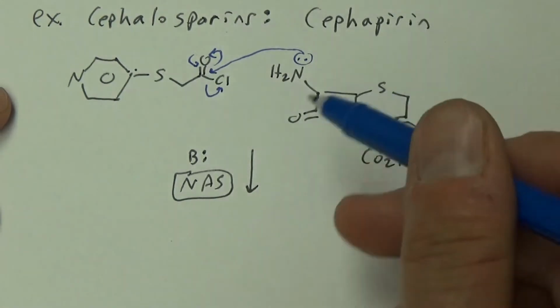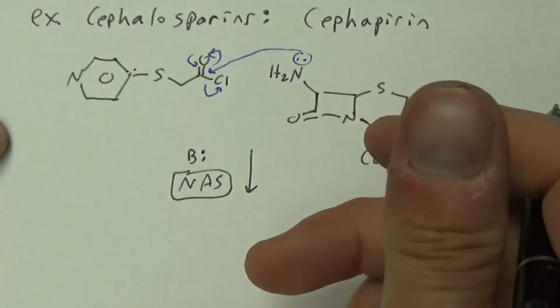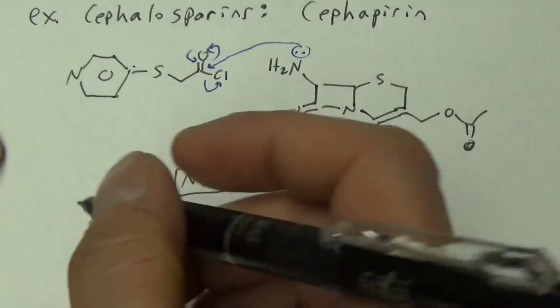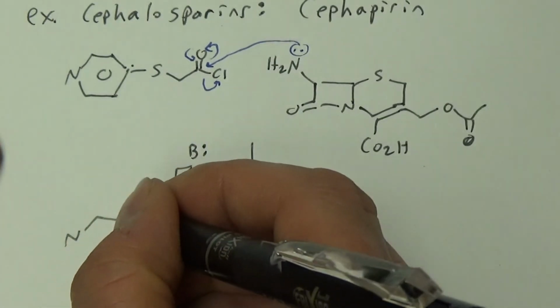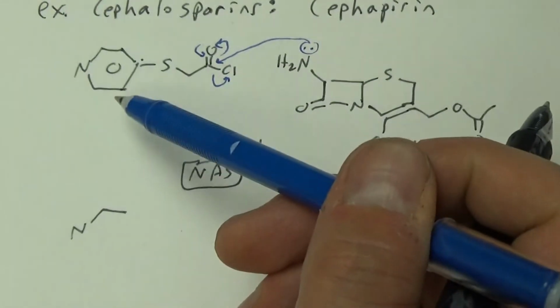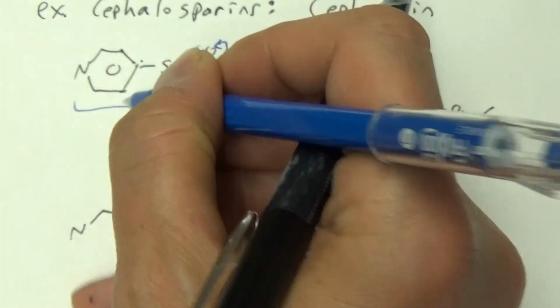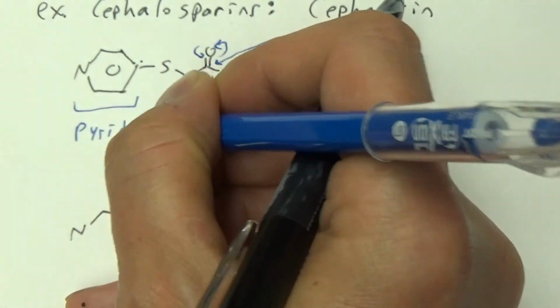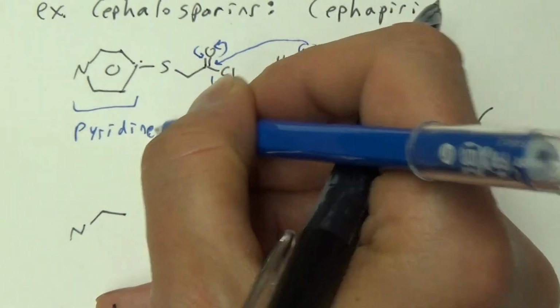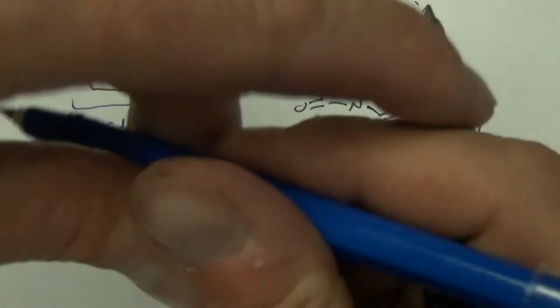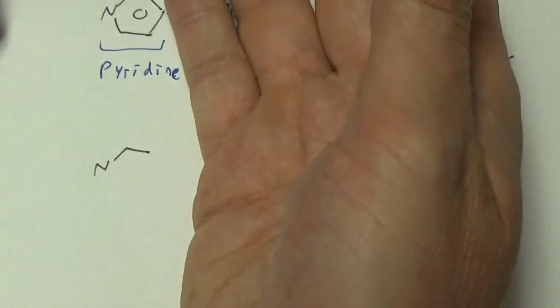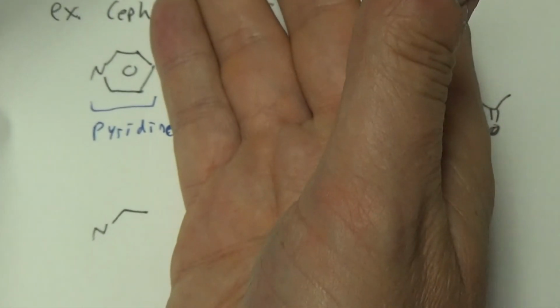It's these two things attached with the amide linkage. What did I call this thing? The aromatic heterocycle with the nitrogen is pyridine. So this thing's got pyridine attached to it. If you just consider this molecule by itself, that's called pyridine.